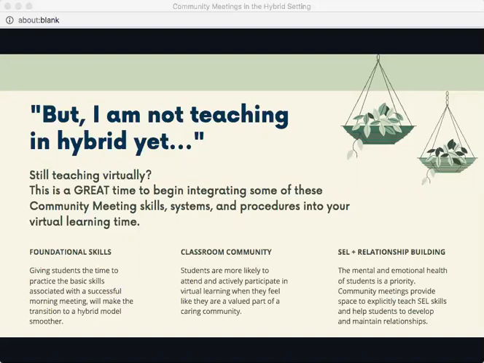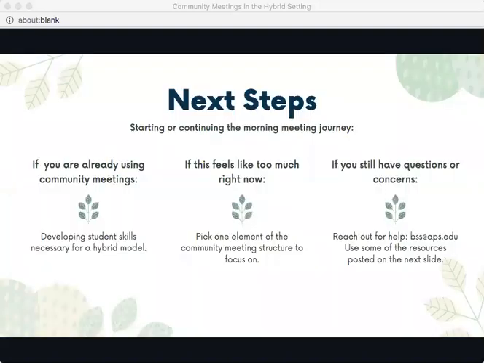And incorporating a community meeting is one way to foster that. Also, these community meetings help to bridge SEL and relationship building because we know the mental and emotional health of students is a priority. Community meetings provide space to explicitly teach SEL skills and also help students to develop and maintain relationships with their peers, even if it is through a computer screen.